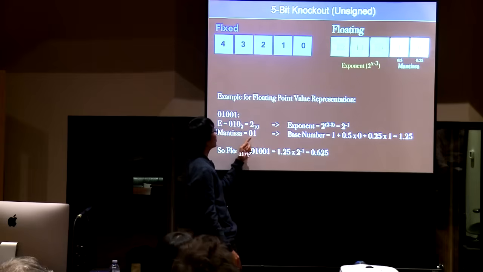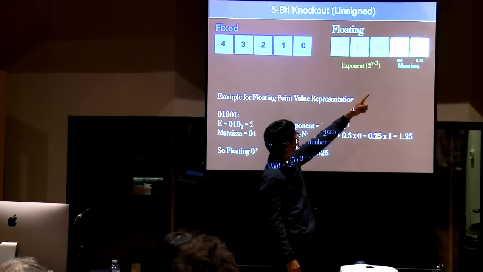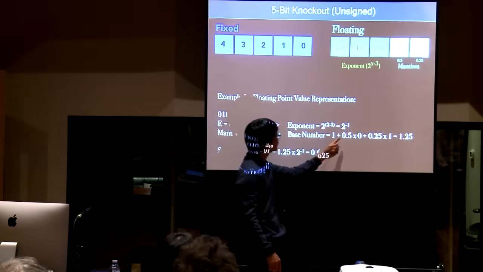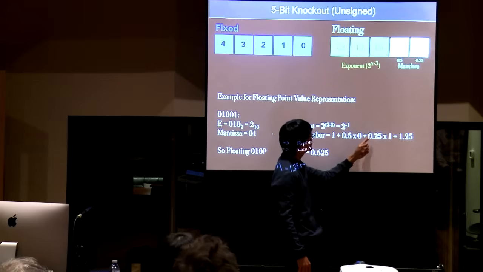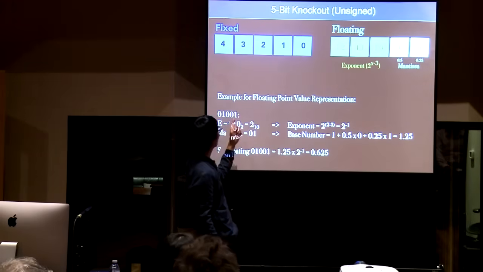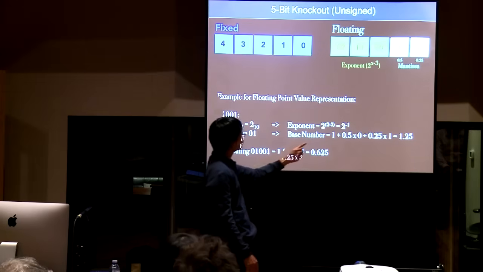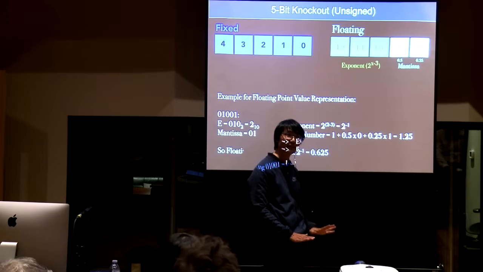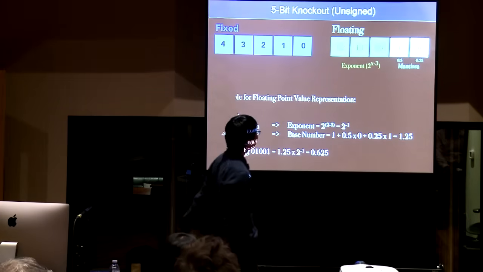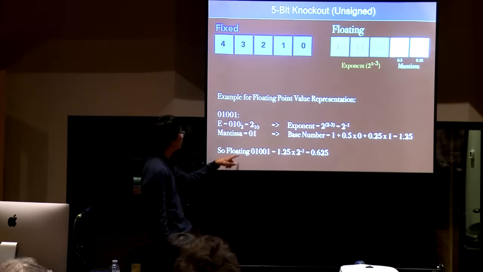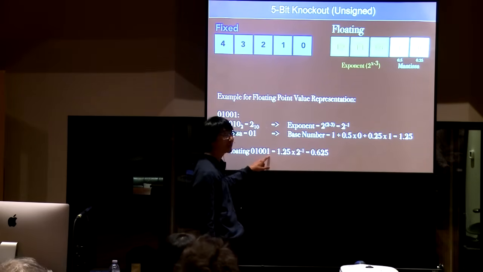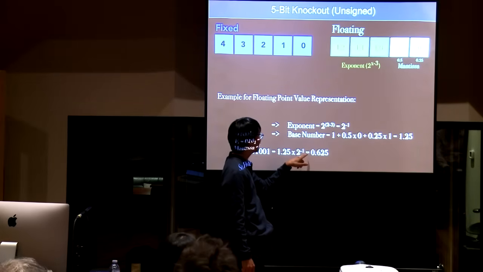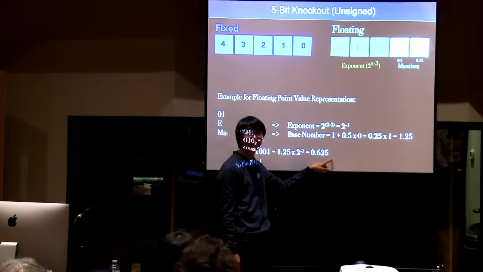And the base number part, 01: this bit is 0, so 0.5 times 0, and then 0.25 times 1, which is this one. Then you add 1, and that's the base number, 1.25. So far okay? Still with me? Okay. So now the floating point 01001, the actual number in decimal is 1.25 times 2 to the power of minus 1, equals 0.625.